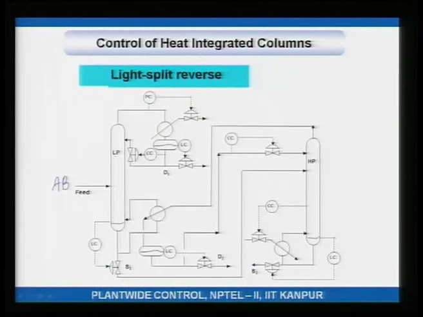The split here is such that part of the A goes up. So, this is A with a little bit of B, but not all of the A. Okay. So, let us say this is 50-50. If this is 50 kilomoles per hour of A, 50 kilomoles per hour of B, the distillate is, let us say, about 20 kilomoles per hour of A with some amount of B, negligible amount of B.